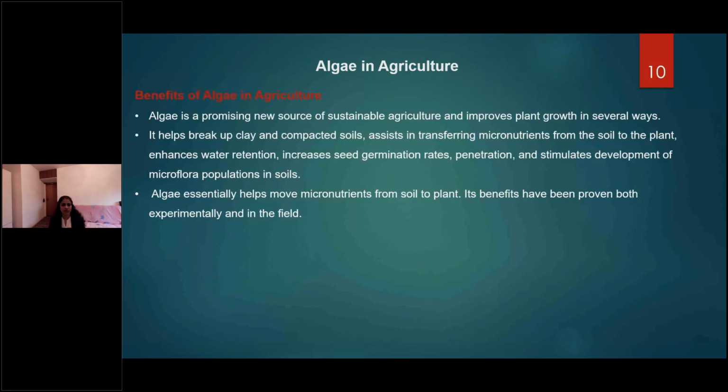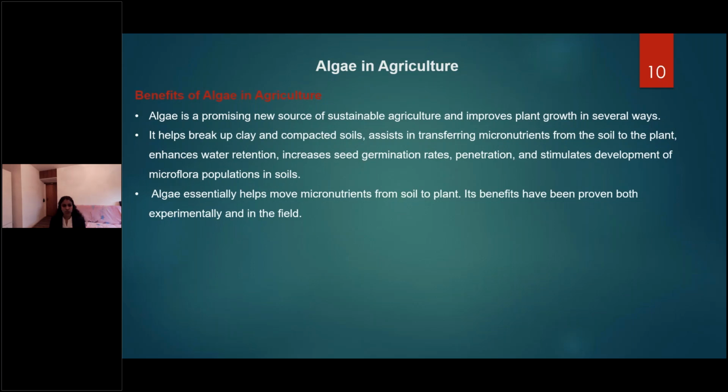So what are the benefits of algae in agriculture? Why do we have to go behind this algae? Why do we need another alternative to biofertilizers? Why algae? Algae is a promising new source for sustainable agriculture and improves plant growth in several ways. It helps break up clay and compacted soils and assists in transferring micronutrients from soil to the plants.